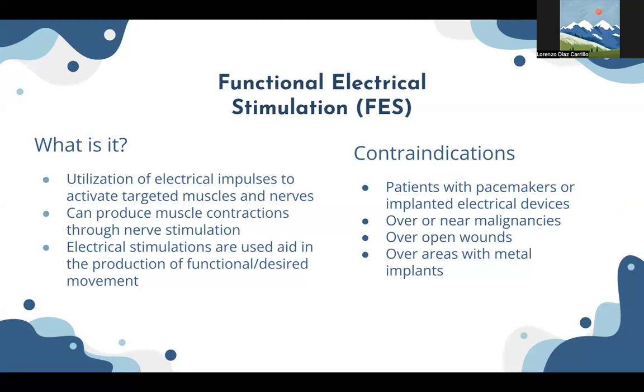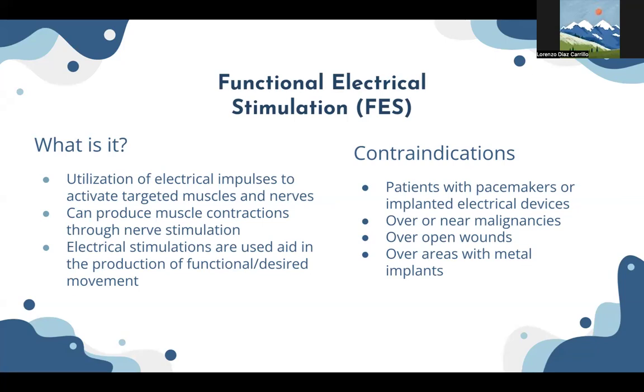There should be a research article linked in this module that goes over the benefits of attempting to perform a functional or desired movement at the same time as we're delivering these electrical stimulations, as it has really great benefits for, let's say, patients with stroke, to link their brain and their actions along with this nerve.